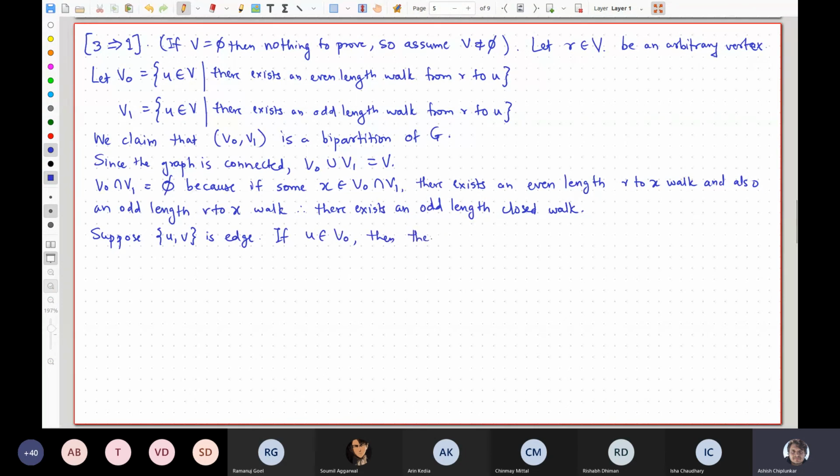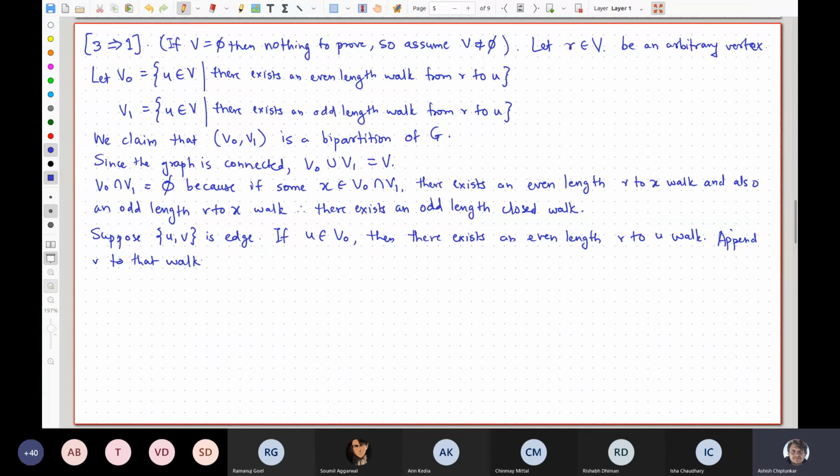Then there exists an even length R2U walk. Append V to that walk. Right, so there is an even length R2U walk. Just append V to that walk.